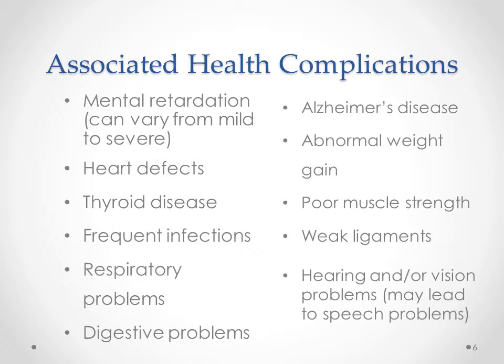Looking again at the atlas and axis, why that is so dangerous is because the spinal cord runs through the atlas and axis. And so if the ligaments aren't keeping that structurally sound, if you have a kid with Down syndrome that maybe flexes their head or gets in a car accident or something like that, that could really compress the spinal cord.